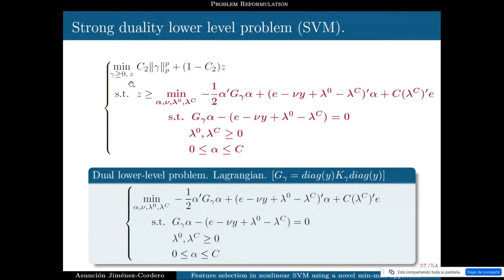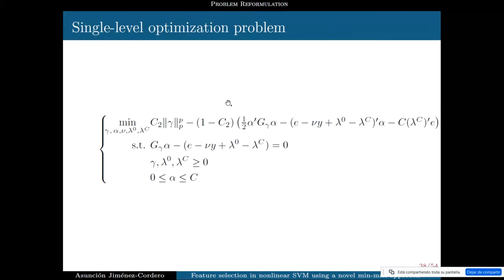Okay, and now since we have to minimize a function, a decision variable, which is lower bounded by this minimization optimization problem, we can replace this by the objective value, remaining this final single level optimization problem.